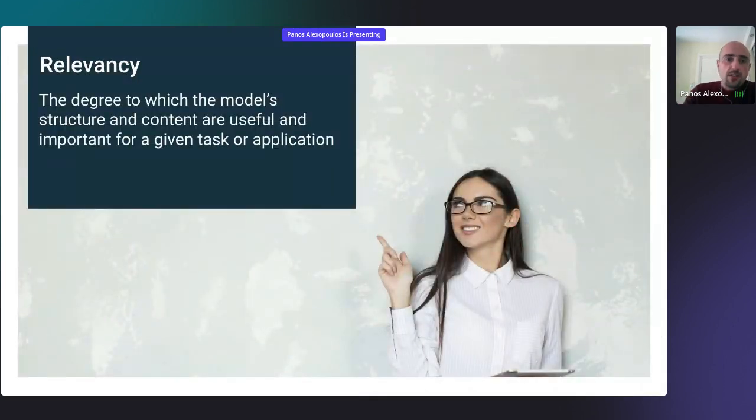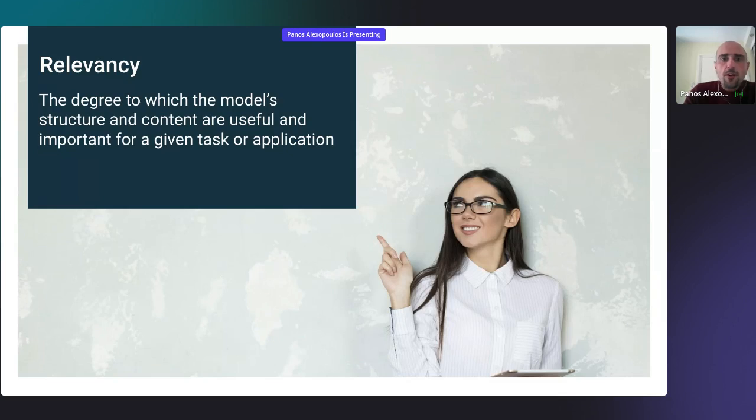Relevancy. Relevancy is the degree to which the model structure and content are useful and important for a given task or application, right? Apart from few cases, almost always the reason we build a knowledge graph is to power some application. This can be a data analytics application, it can be an AI application, a machine learning model, doesn't matter.